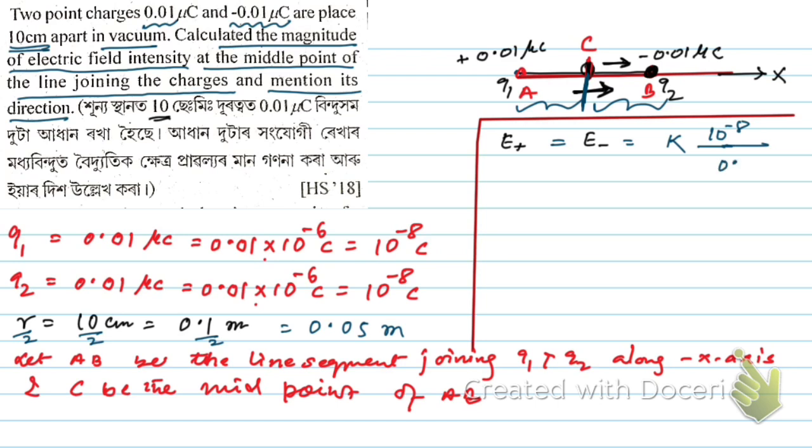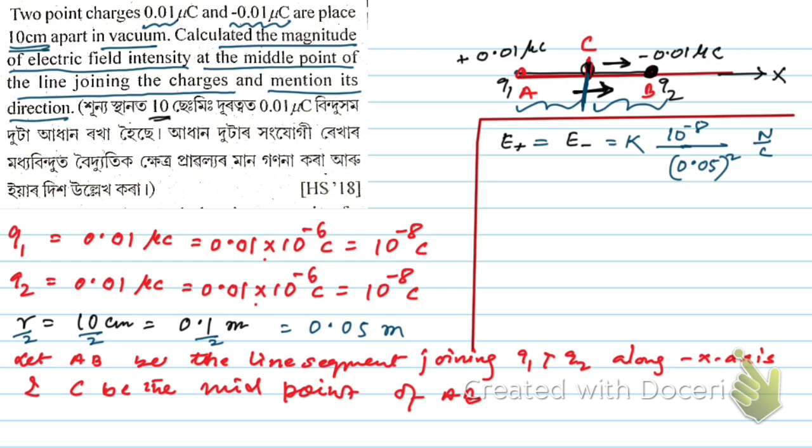So it's going to be 0.05 square. This is the electric field, so its unit should be Newton per coulomb, right? I hope you have understood this. So this is the magnitude of the electric field due to each charge at the point C.